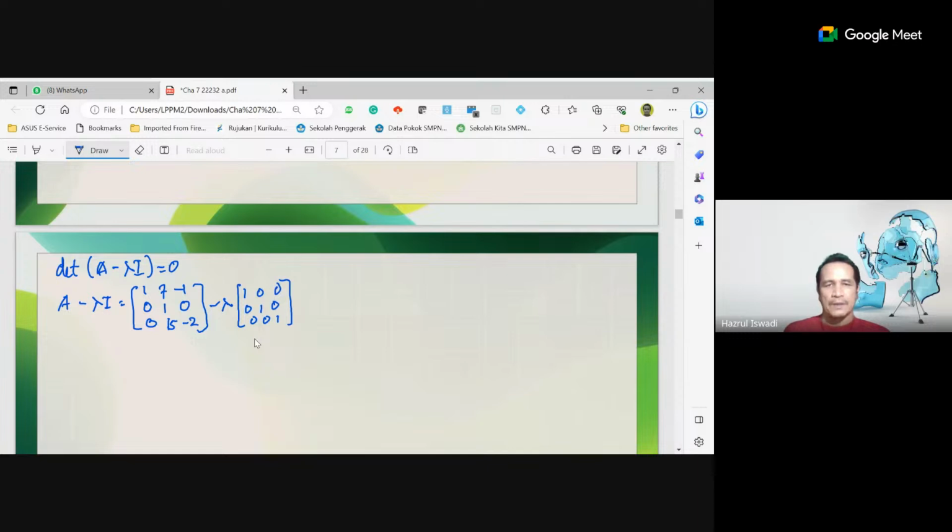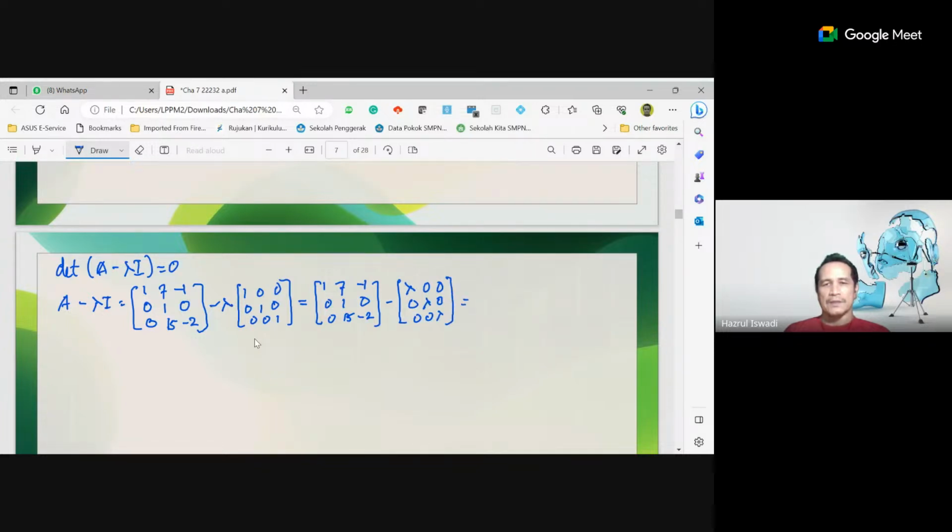We multiply lambda by every element in this matrix, but we get nonzero values only on the main diagonal because the others are 0. So 1, 7, minus 1, 0, 1, 0, 0, 15, minus 2, and then minus lambda 0 0, 0 lambda 0, 0 0 lambda.